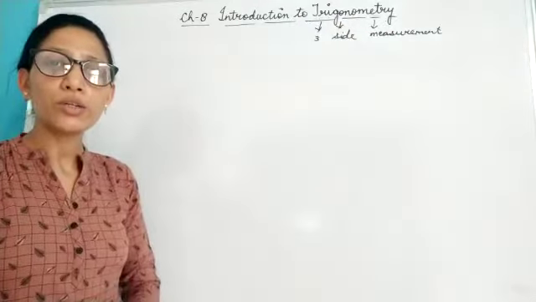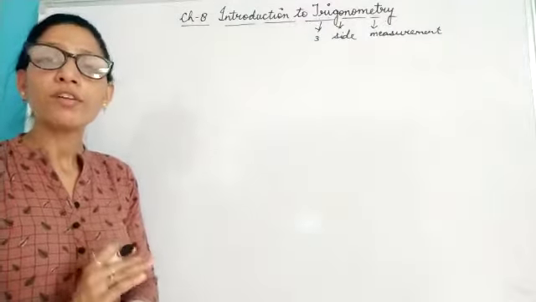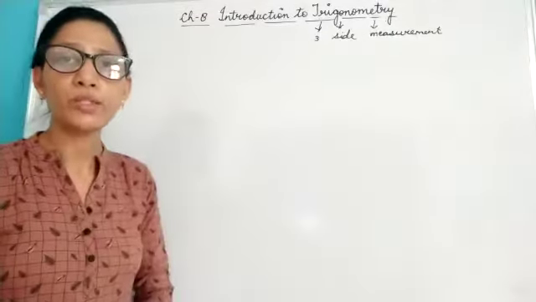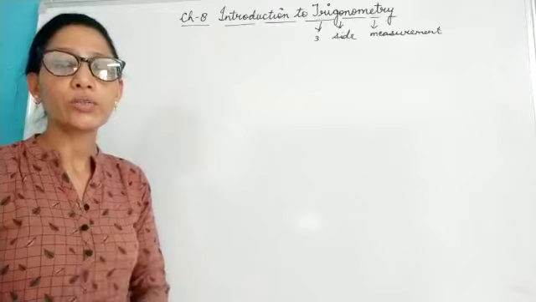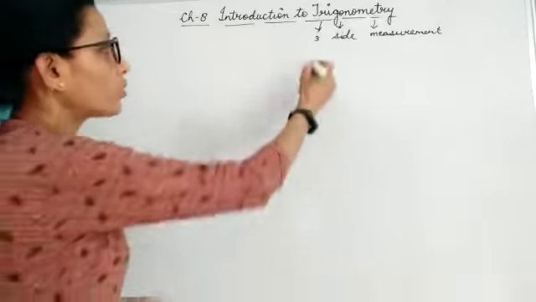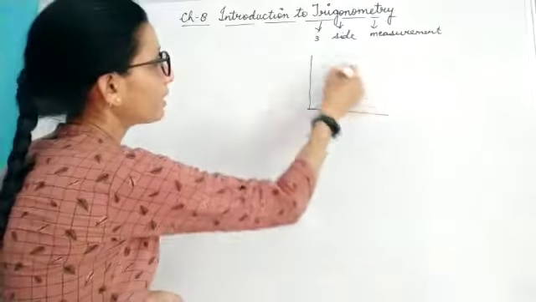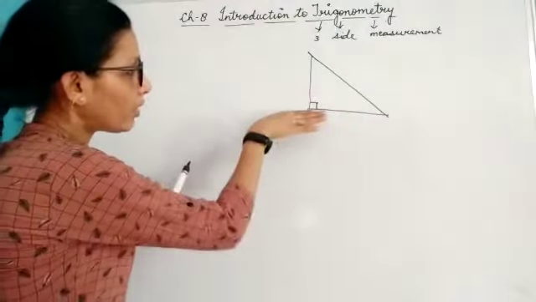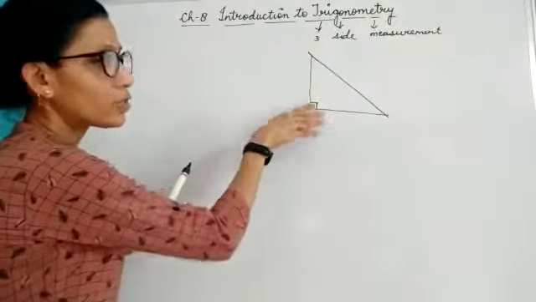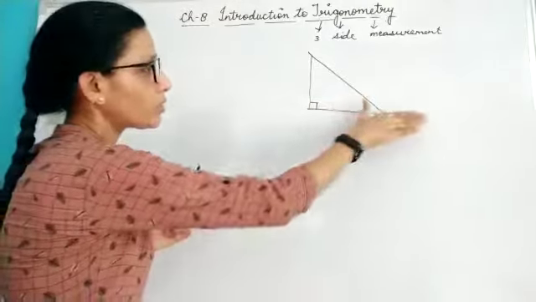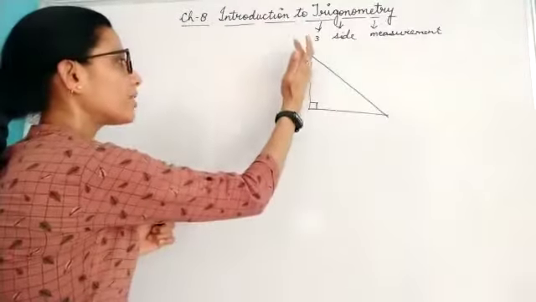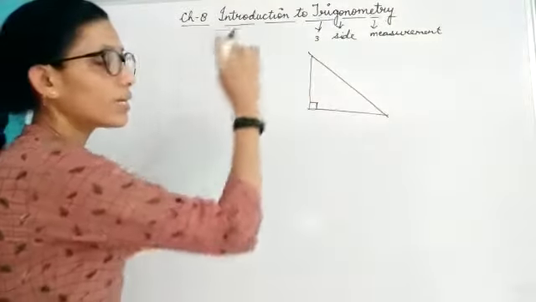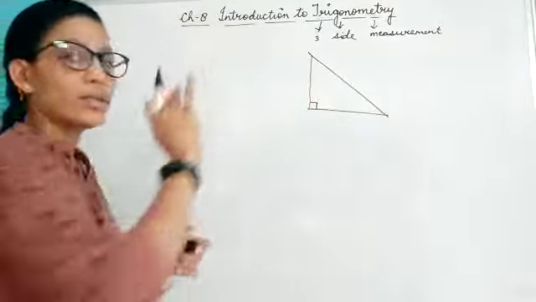Here a thing is to be noted that in class 10th we will be just taking right angle triangles. So whatever we will be doing is according to the right angle properties. Now children, if I make this right angle triangle, say this is your 90 degree. Always take this as your ground, which is horizontal, and this as your building or tree or the height of the kite or height of the balloon.